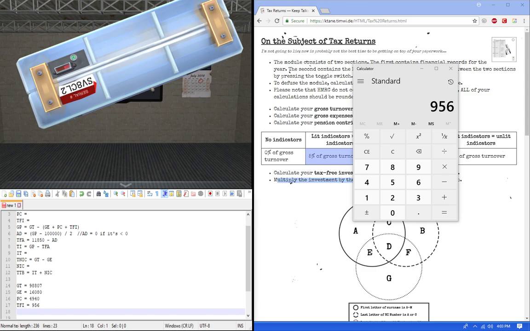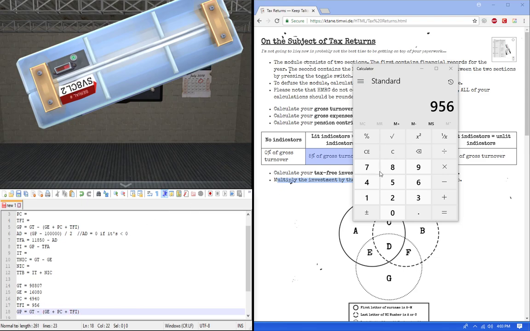Finally, we have to do our gross profit. It's going to equal our gross turnover minus the sum of our gross expenses, our pension contributions, and our tax-free investments.